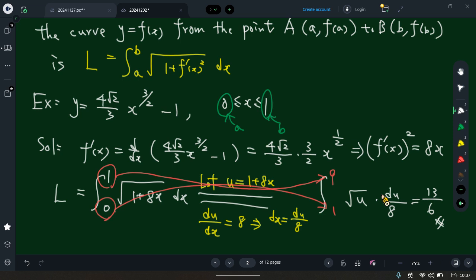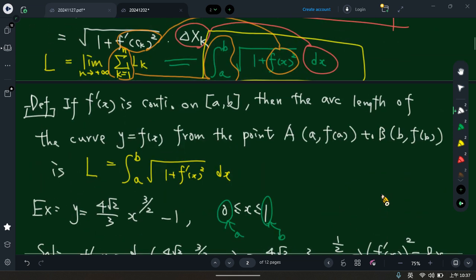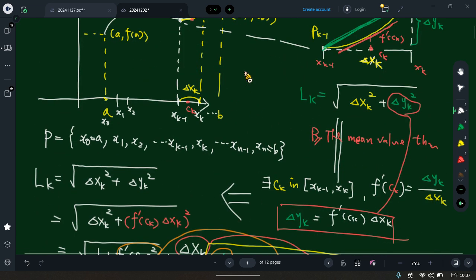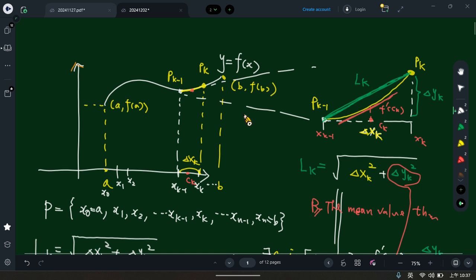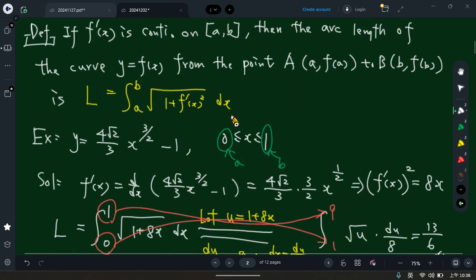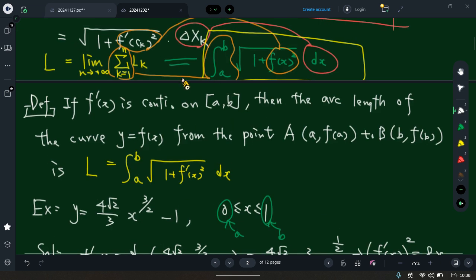Okay, let me spend a minute to review the whole concept. If I give you a function y equals f of x, and I also give you the start point (a, f(a)) and the endpoint (b, f(b)), please just remember this formula: the arc length from A to B is the integral from a to b of the square root of 1 plus f prime of x squared.